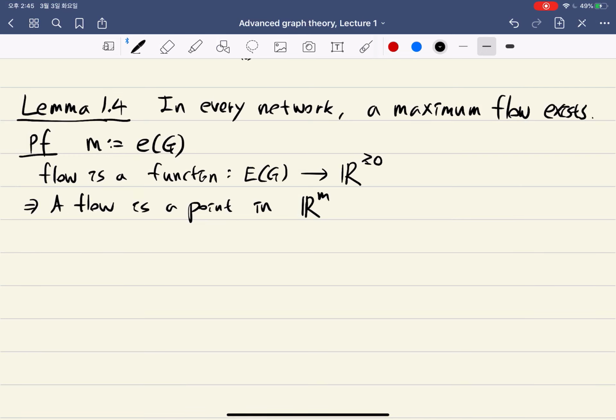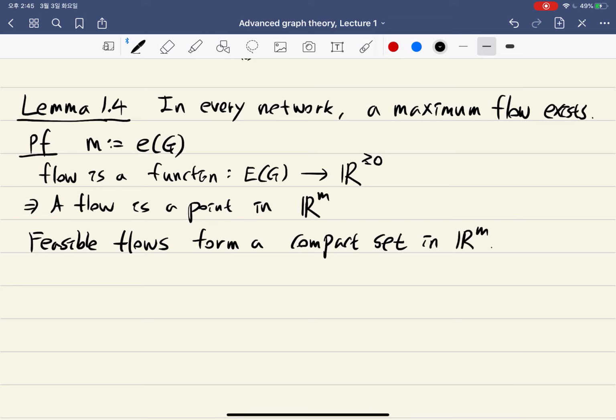And feasible flows, in there, form a compact set. Why is that? Feasible flows are the flows which satisfy the two conditions. One is the capacity constraint, and the other one is the conservation constraint.